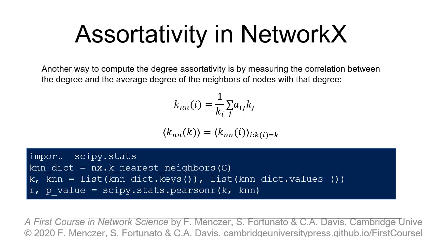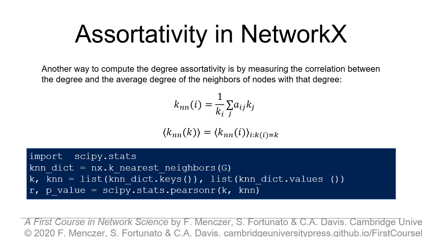Okay, the associativity measure is defined by KNNI. Another way to compute the degree of associativity is by measuring the correlation between degree and the average degree of the neighbors of a node.